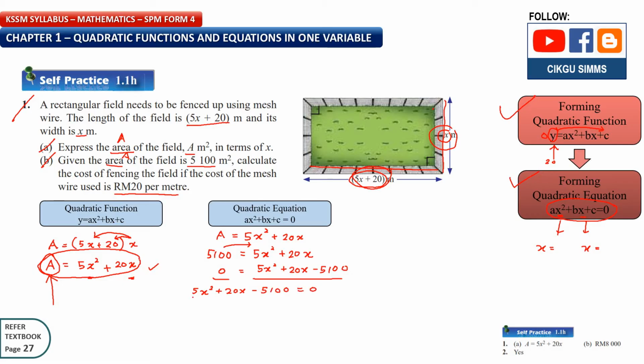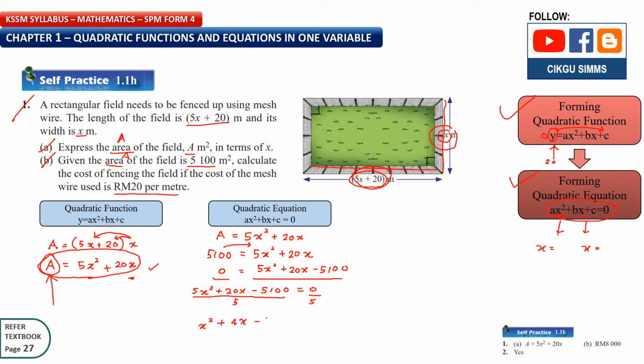Now every number here is a multiple of 5. So I divide the left side by 5, and then divide the right side by 5. So 5 divided by 5, you get 1x squared. 20 divided by 5, you get 4x.